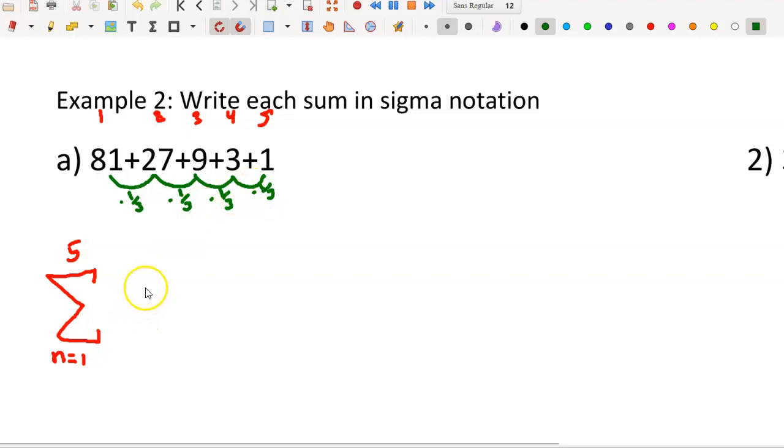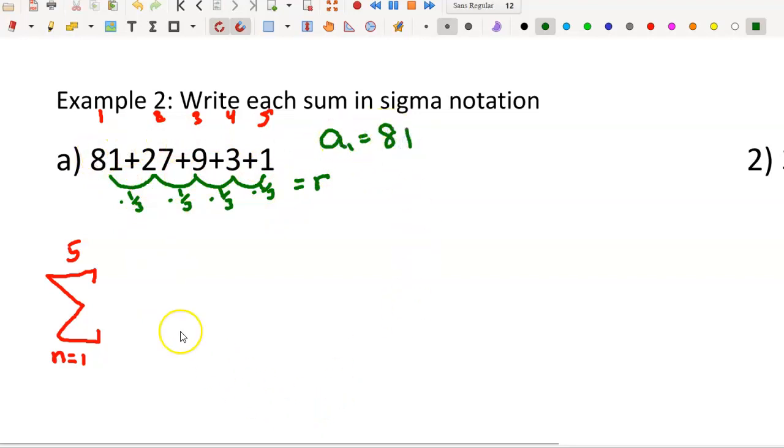Okay. So we have our R here, which is 1/3, right? We have our A1, which is 81.